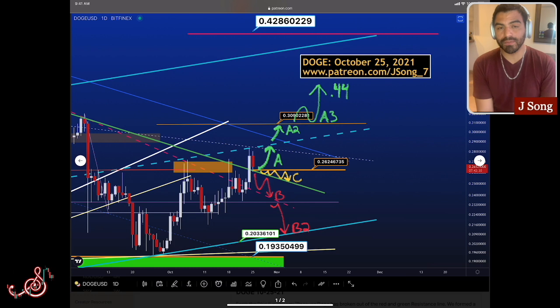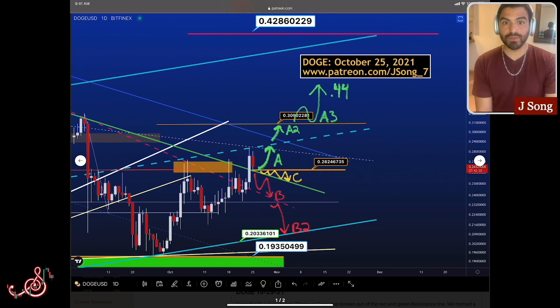This is in alignment with Prophet Robin in his prophecy when he saw price at 44 cents. But then there should be some major trouble with a major move down to around 4 cents Doge, according to him. So I don't have that in my data just yet, but I do see the breakout levels that we need to clear for price to move higher.